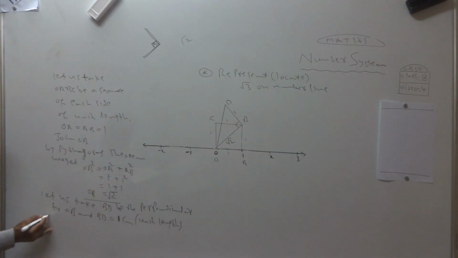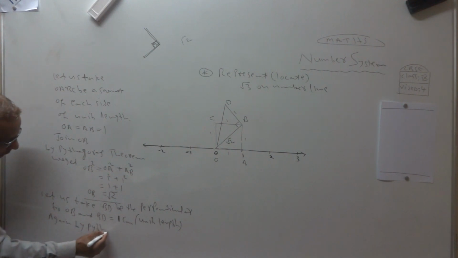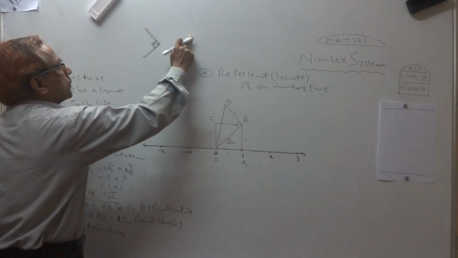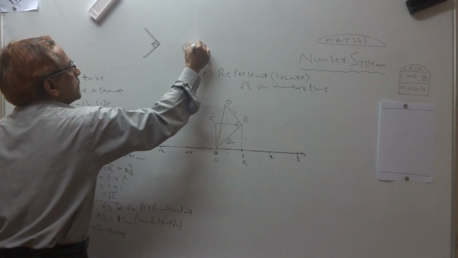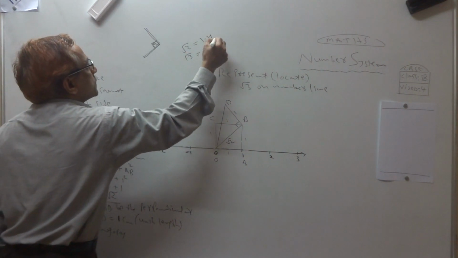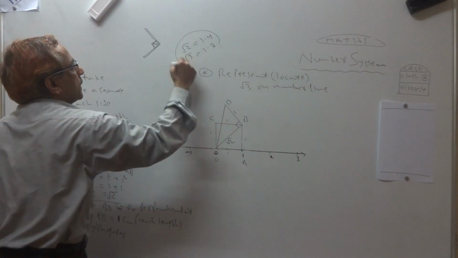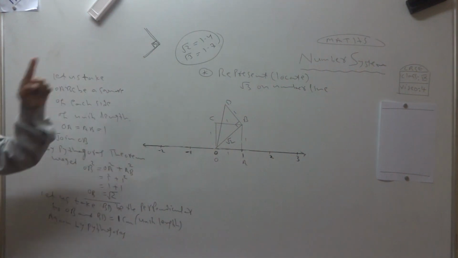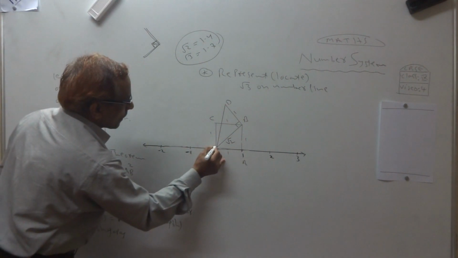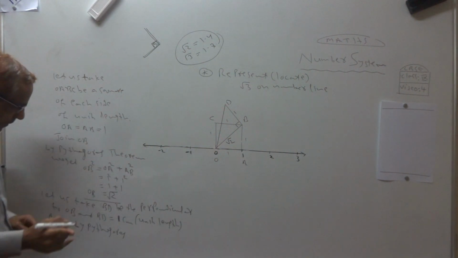Now again by Pythagoras, you know, last time I showed you that the root 2 value is 1.4, whereas the root 3 value is 1.73, or nearly 1.7.